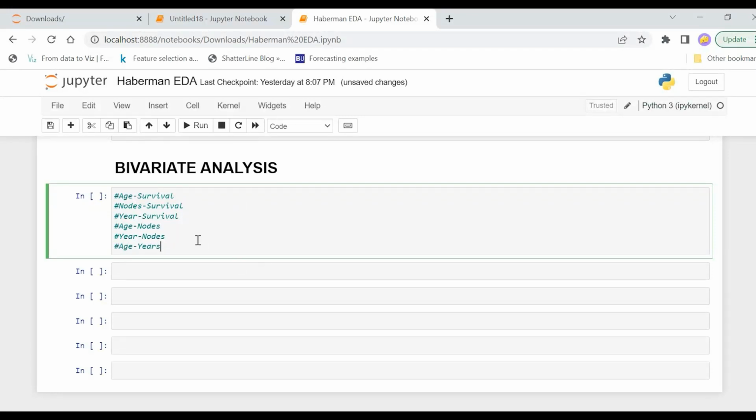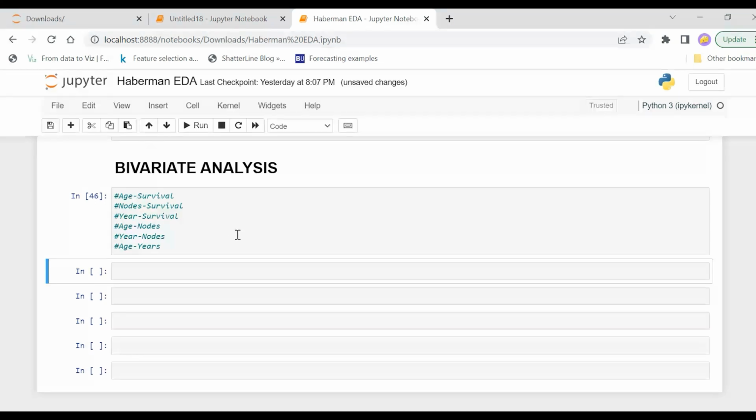These are the maximum combinations of the analysis which we can do. As there are 4 features, basically we can use 4C2, which will be like 12 plots. But since we treat age survival and survival age as 1, we can do the 6 feature plots and analyze each one of them. There will be some plots which will not give you any insight, so you don't have to worry about that. You can just leave it.